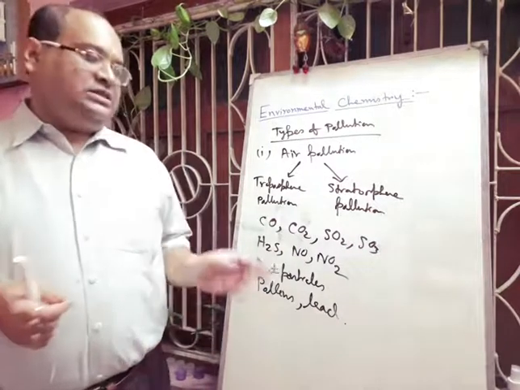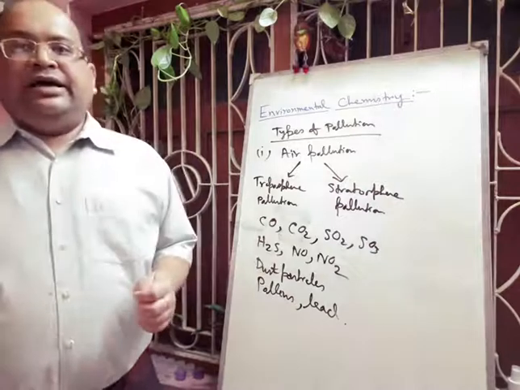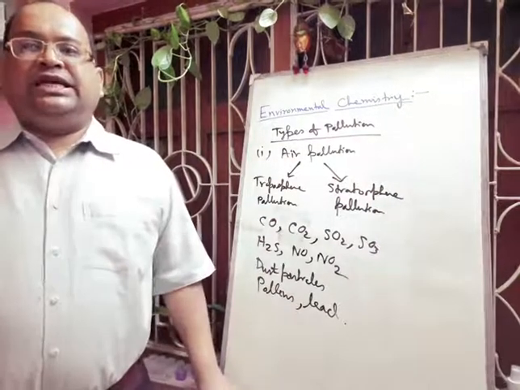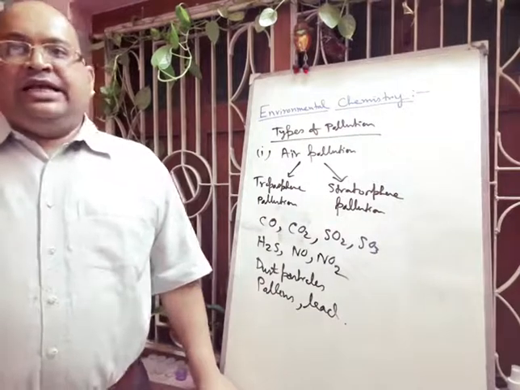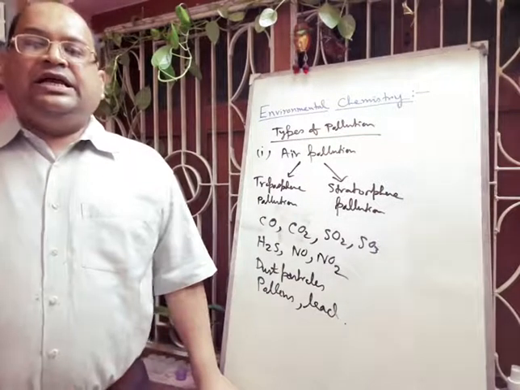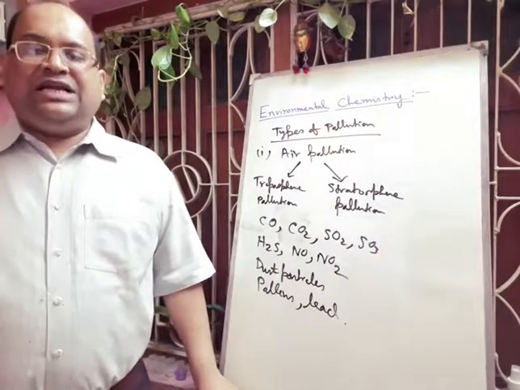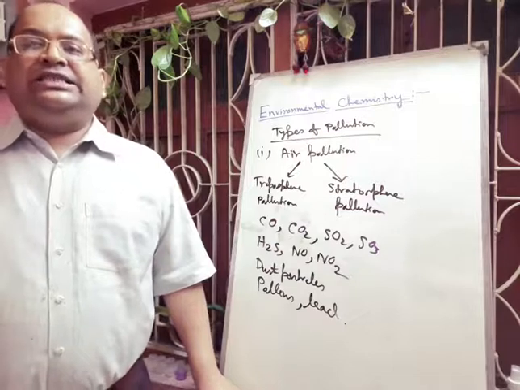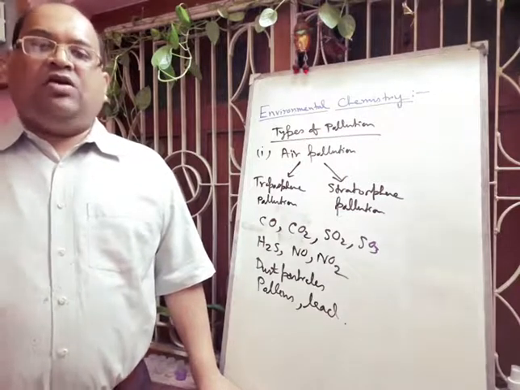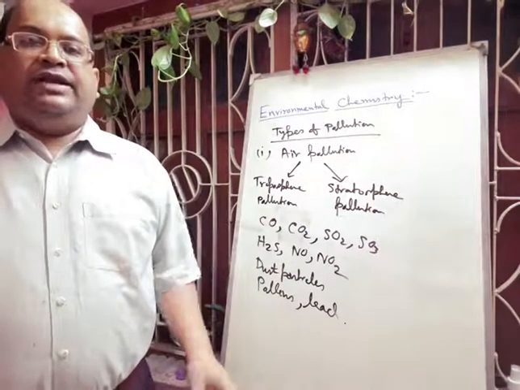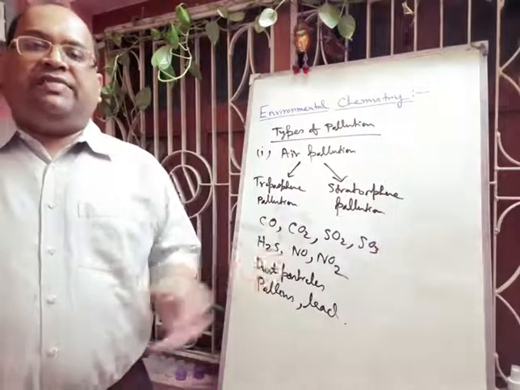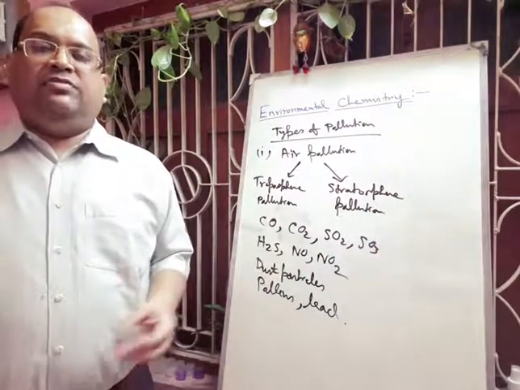Next, carbon dioxide. Carbon dioxide present in normal concentration is not an air pollutant, but when the carbon dioxide level increases in the atmosphere due to deforestation and burning of fossil fuel, it results in global warming, called the greenhouse effect. Every day different types of vehicles are releasing carbon dioxide.